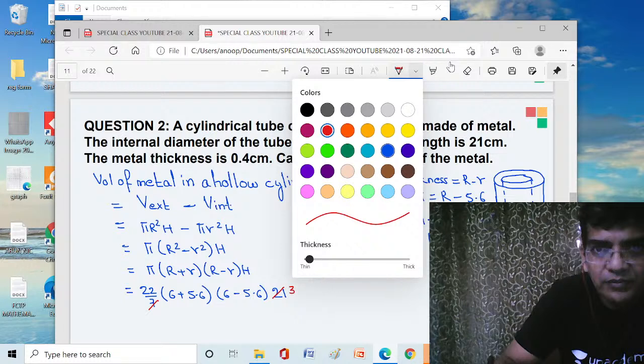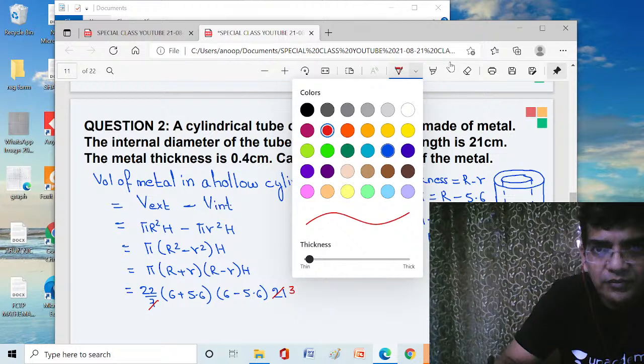Now you can do the simple multiplication over here and get the result. So I am leaving this calculation for you all to do. It's just a simple multiplication, 22 into 11.6 into 1.2. You can do this multiplication on your own, or you want me to calculate it for you?